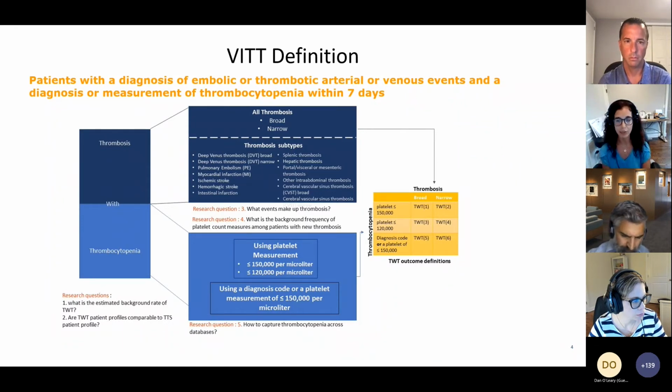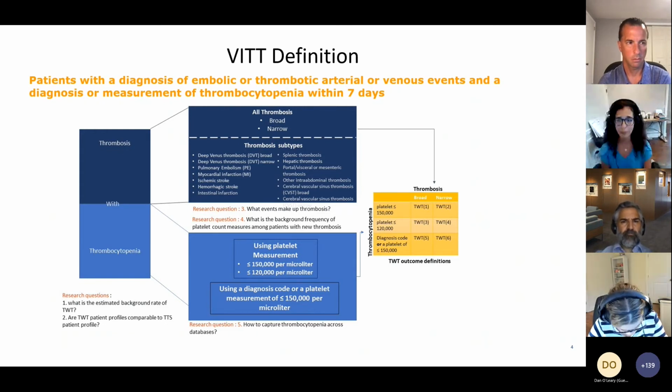And if we use a measurement, what is the proper cutoff point? Again, in the VATT cases, they were reporting cases of very depleted platelets. So should the threshold be 120 per microliter, or 150, which is the commonly used cutoff point for thrombocytopenia diagnoses?